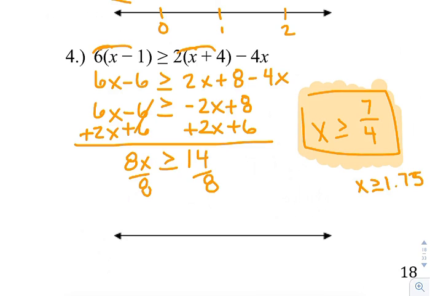So if we use our number line here, I'm gonna go by fourths. So since it's greater than or equal to, we're gonna do a closed inclusive dot, and it's greater than that value, so to the right.